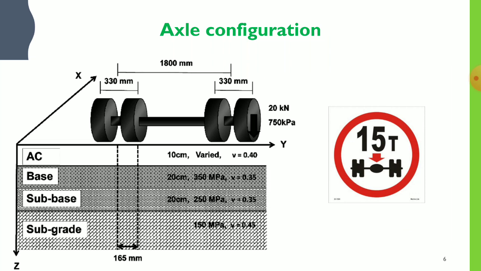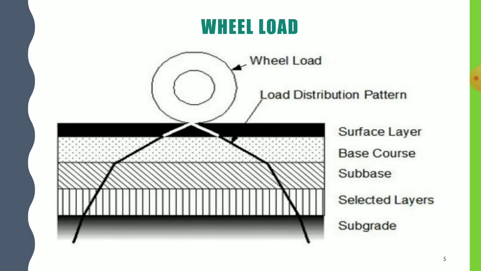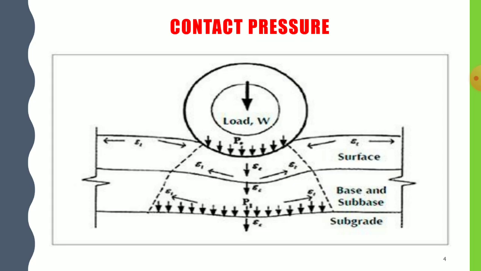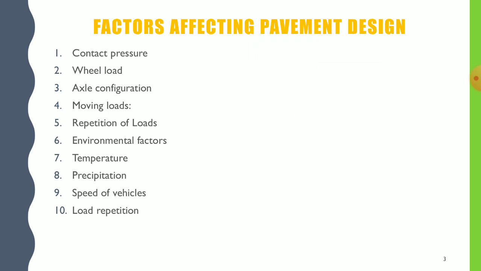Next we have repetition of loads. Repetition of loads influences the traffic mainly, and it depends not only on the magnitude of the wheel load but also on the frequency of the load applications. Each load causes some deformation, and there is a total deformation.